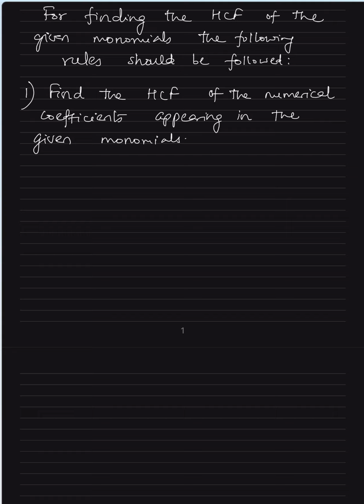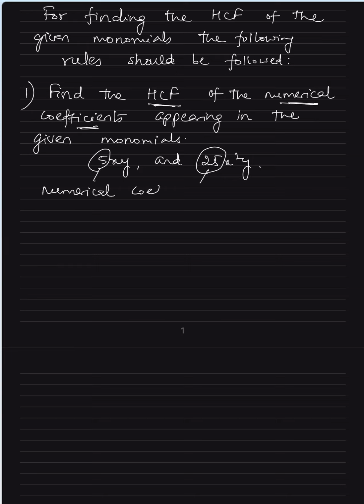We have to find the HCF of the numerical coefficients. That is, if I take 5xy and 25x square y, then these numbers are called the numerical coefficients, and you need to find the HCF of these two.